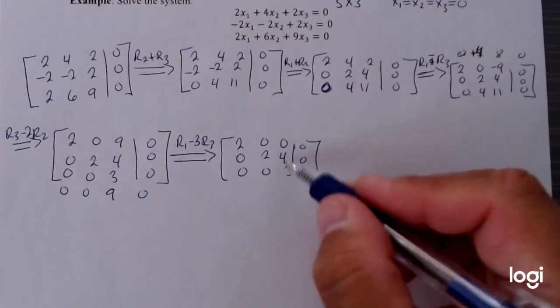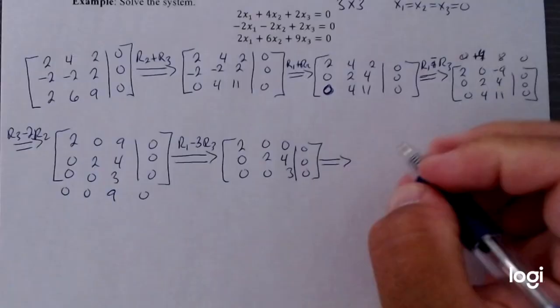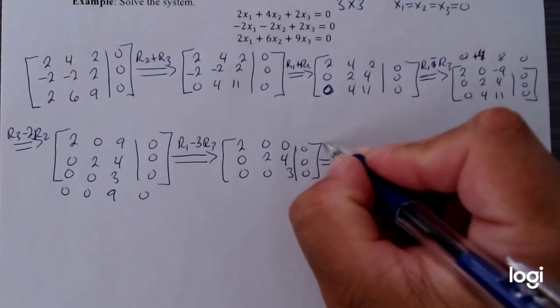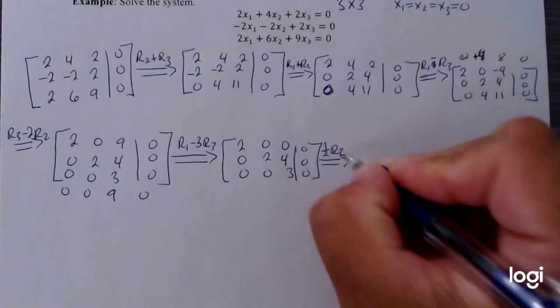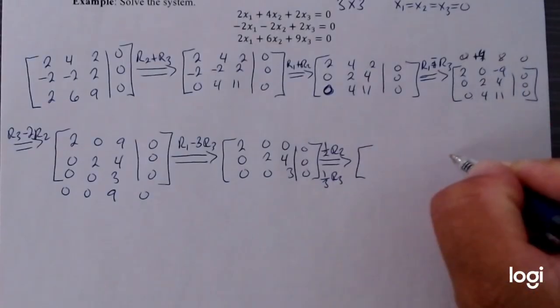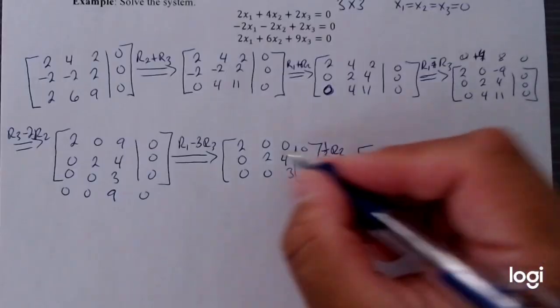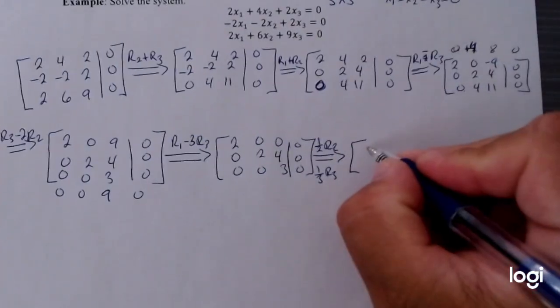Okay, and this 4 and 3 aren't very fun to deal with, so I'm just going to break them down, you'll see. I'm going to do 1/2 times row 2, and I'm going to do 1/3 times row 3. Oh, and I can also do the same thing here, so I'll divide row 1 by 1/2 as well.